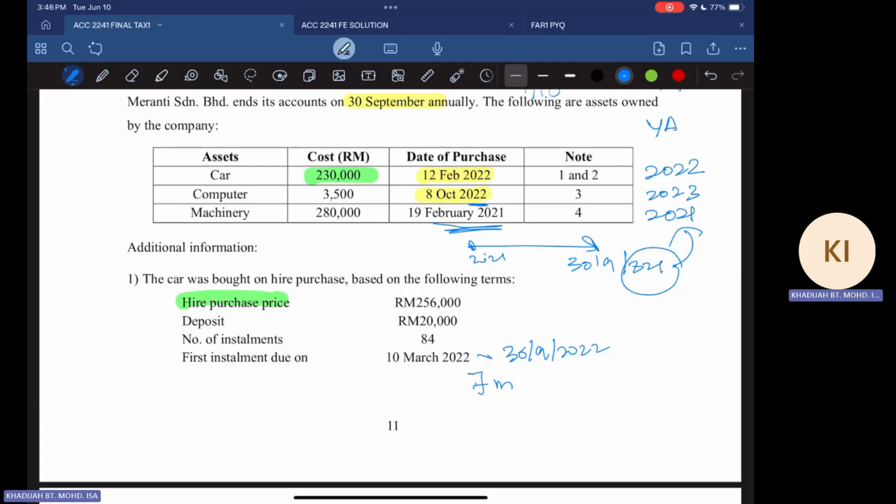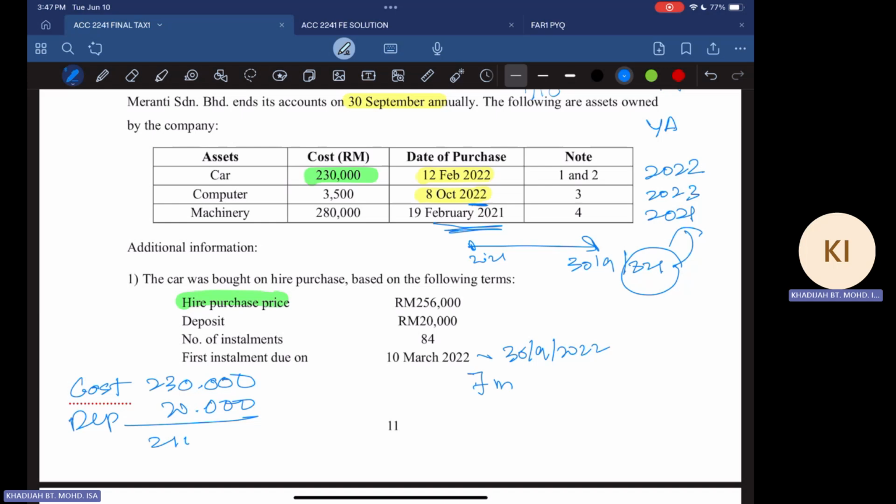So how is the working for question number 1? Because this one is a hire purchase, you have to look at how to compute the hire purchase. You take the cost of the motor vehicle, which is 230,000, and you paid a deposit of 20,000.